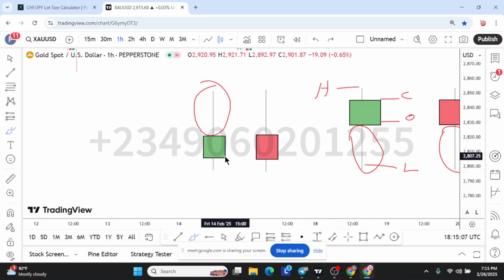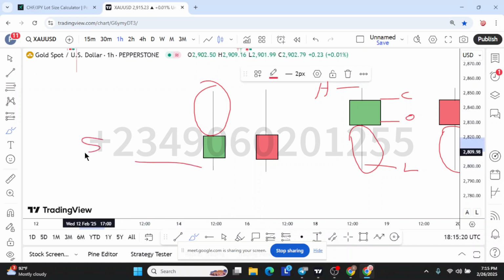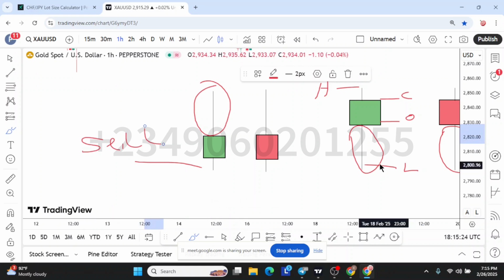So candlesticks don't just create wicks for nothing, I need to pay attention to wicks. This one signals a sell, and this one signals a buy.